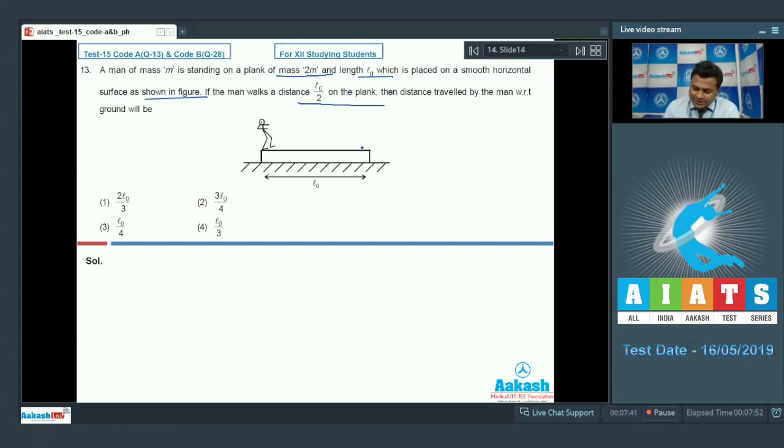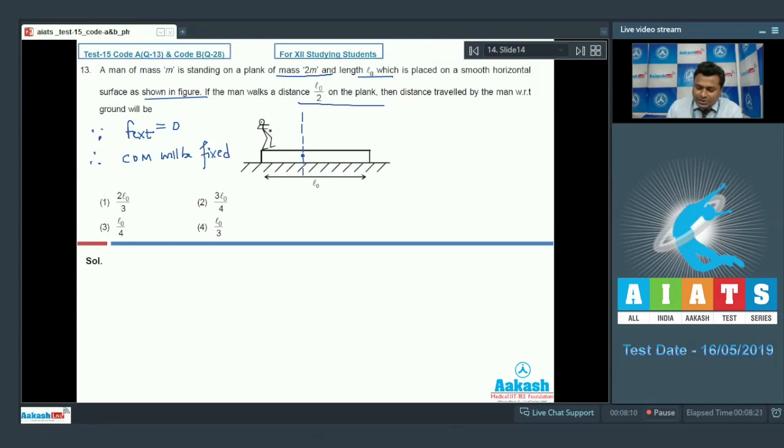First of all, suppose the center of mass of this system lies somewhere here. Initially center of mass is at rest, no external force is acting, so the center of mass will remain at its point. Since F external is 0, the center of mass will be fixed.